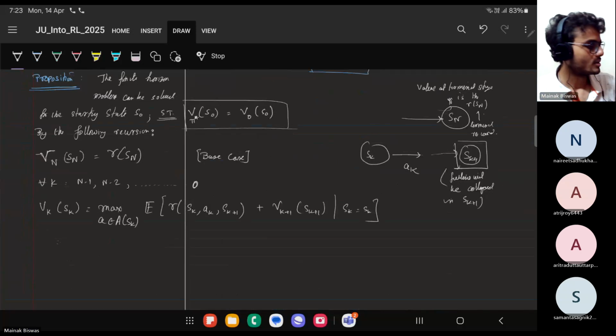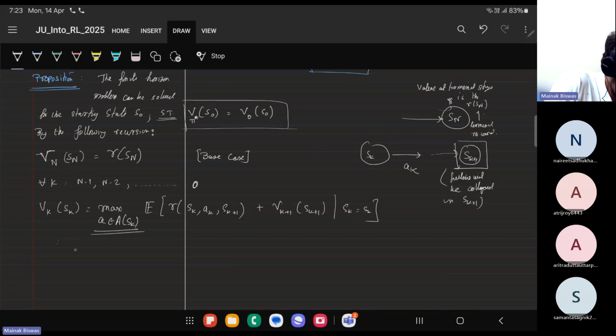Okay. So now we have to say that if that is true, we define ak is equal to pi k of sk. Then pi 0 star, pi 1 star, dot dot dot, pi n minus 1 star is the optimal policy pi star.